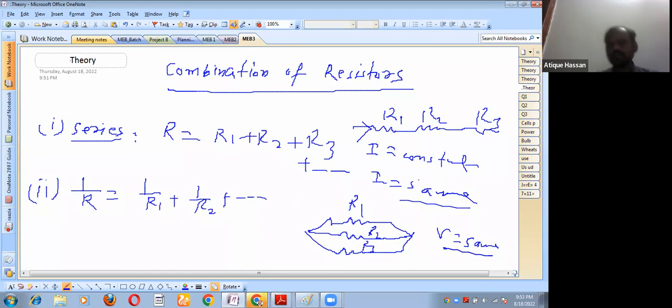The third type of combination is series and parallel combination both. So the basic formulas we all know. We will do some questions which will give you concept clarity.